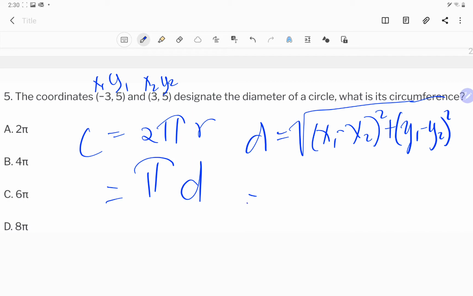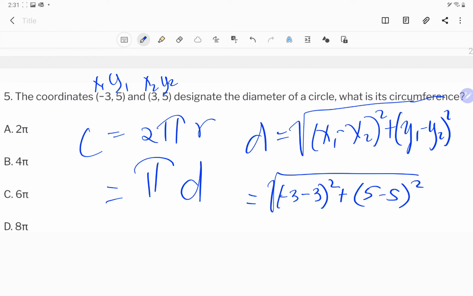Following the formula, we have the square root of negative 3 minus 3, squared, plus 5 minus 5, squared. Now we have the square root of negative 3 minus 3, which is negative 6, squared, and then 5 minus 5 is equal to 0 squared.